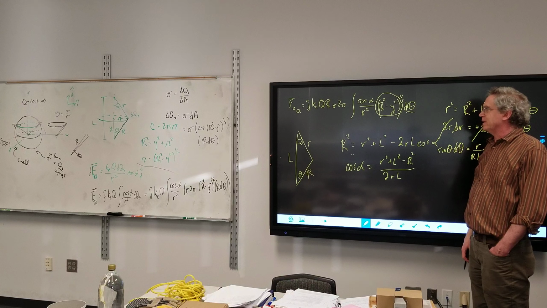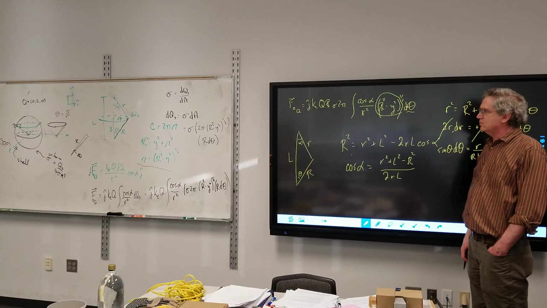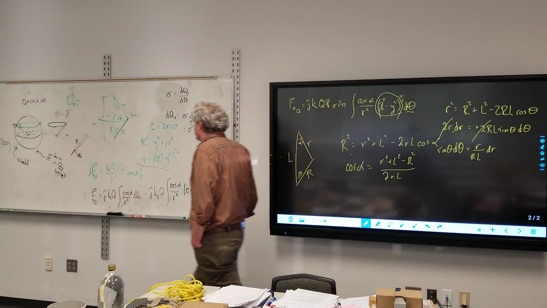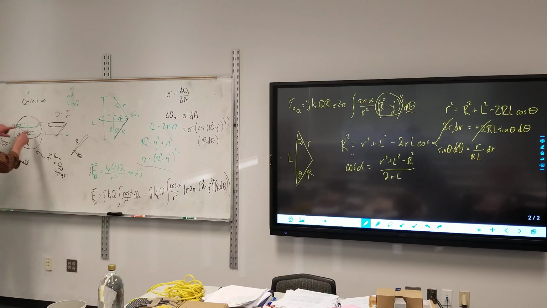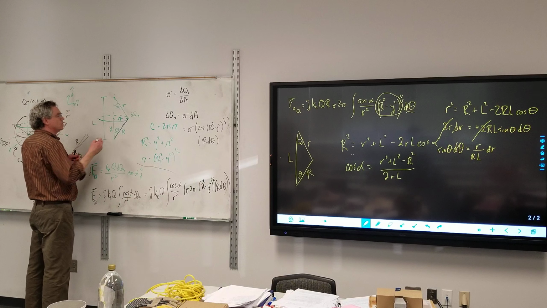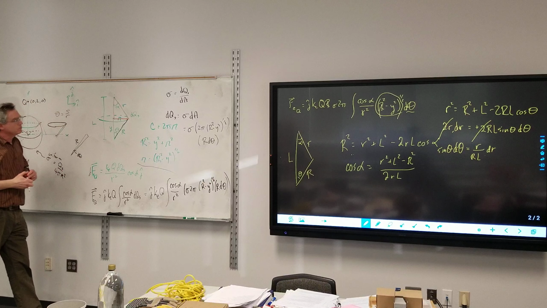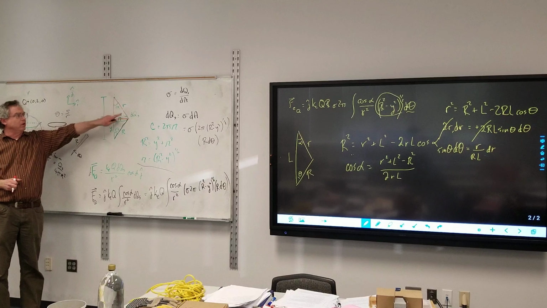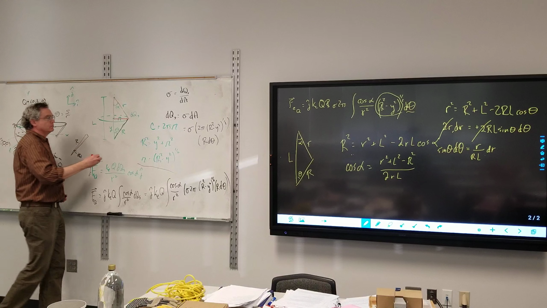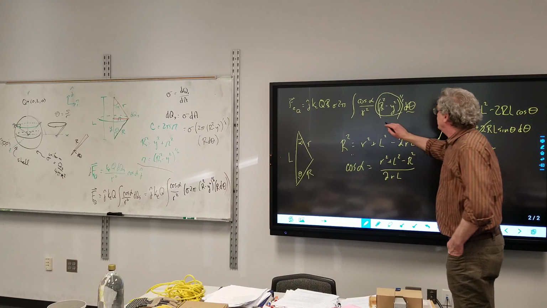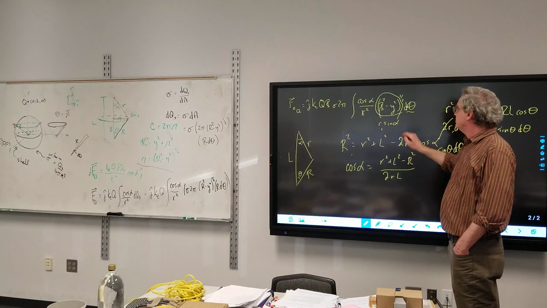So what we're gonna do is we're gonna get it in terms of R, little r, instead of y. That's the difference. If I'm looking at this triangle here, this radius is just gonna be little r sine of alpha.